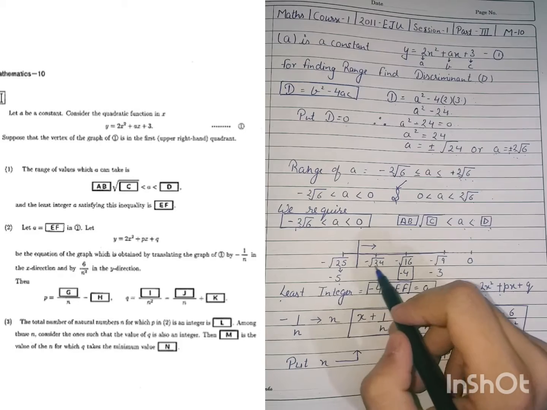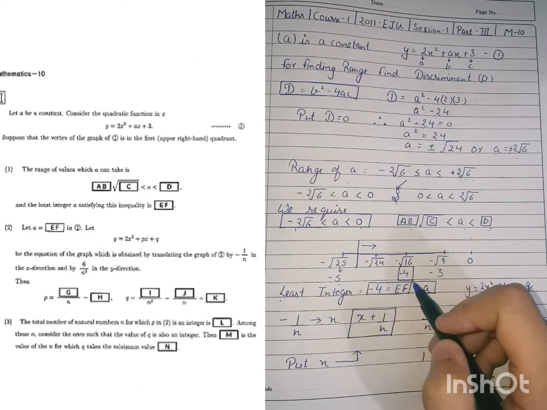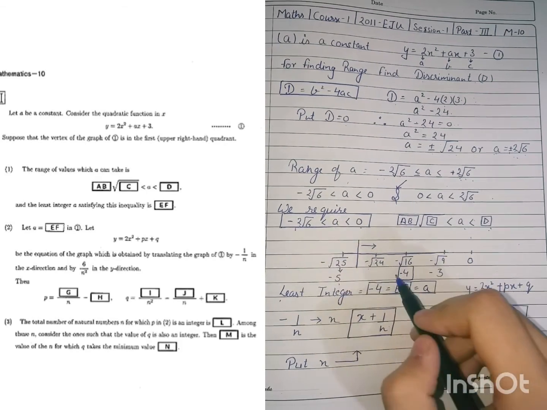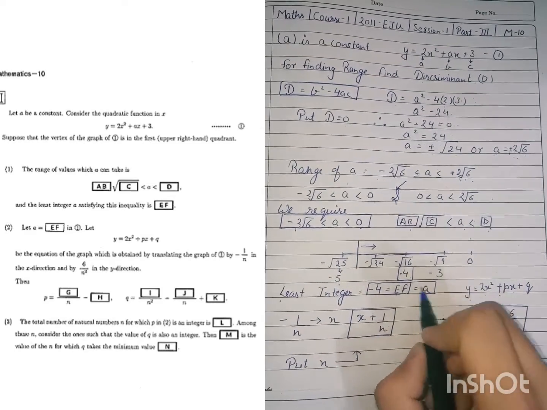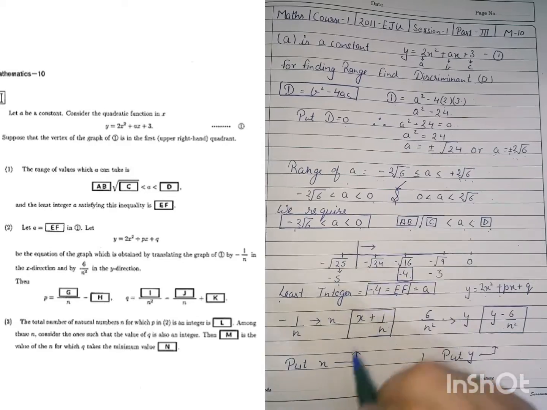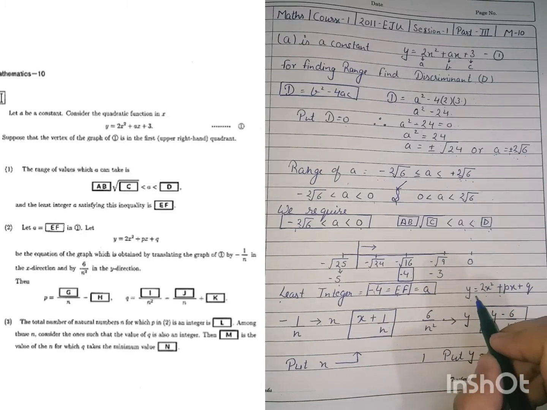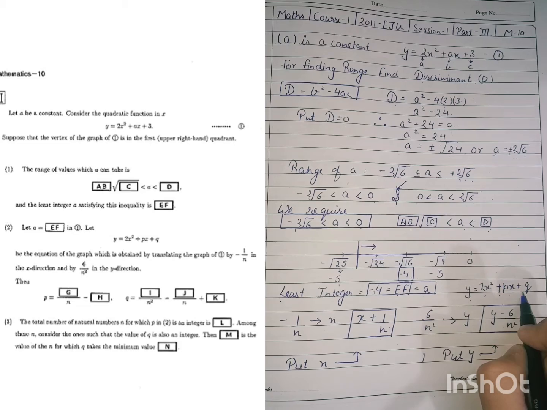Root 24 cannot be written as an integer, and root 16 can be. So the least integer in this range is -4. So EF is equal to a is equal to -4. Let's go ahead. The next equation given to us is y is equal to 2x square plus px plus q.